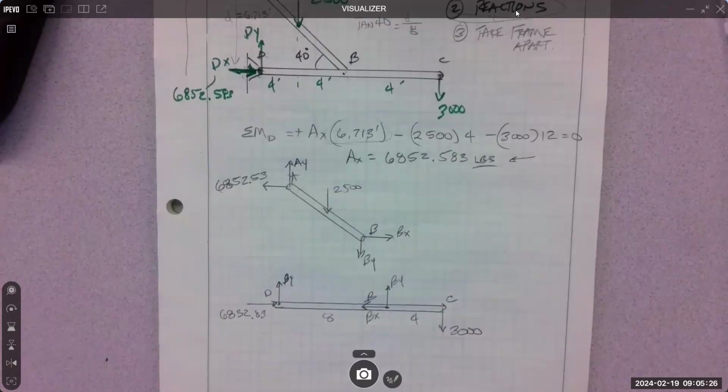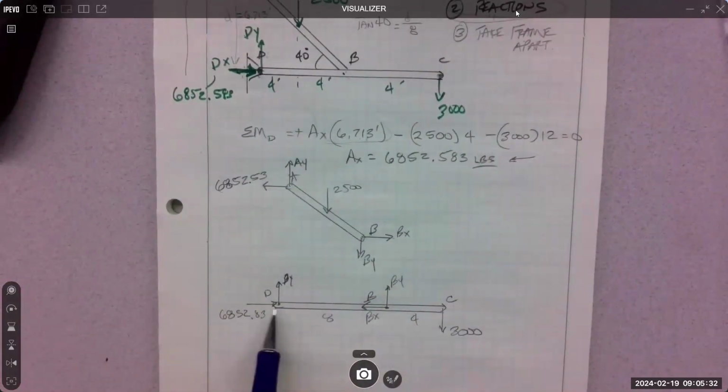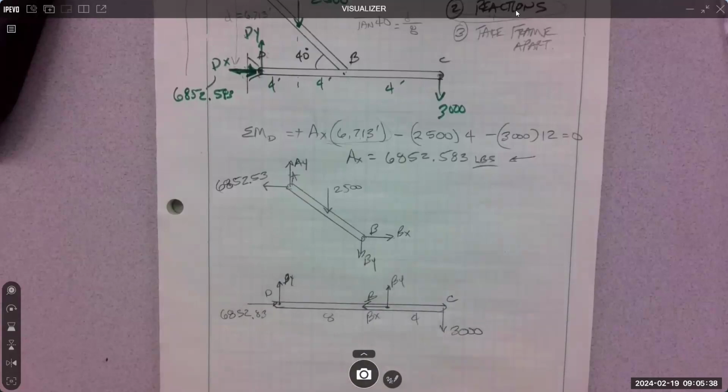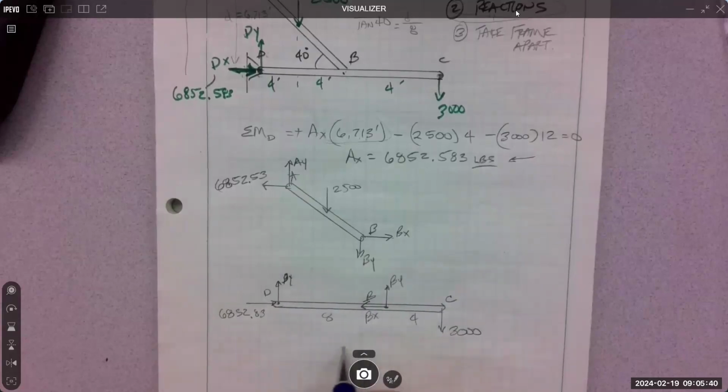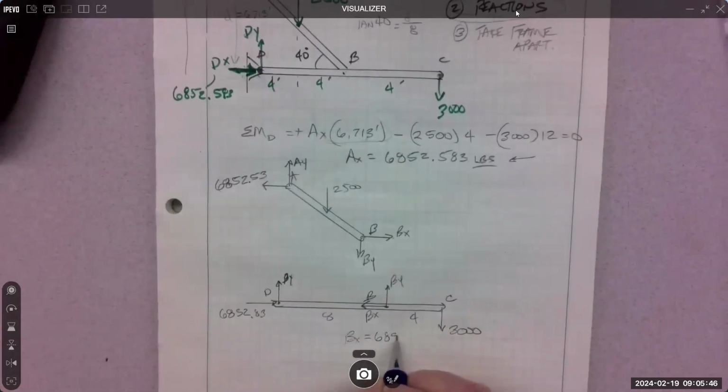Okay, that's very important. Of course, you use whatever you know, like we know the 6852 going in, right? BX must fight that. It's the only 2 in the X direction. So BX has to be equal to what? Yeah, 6852.83.